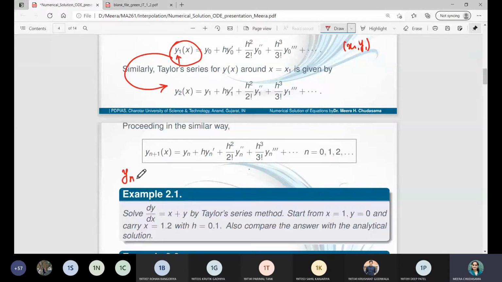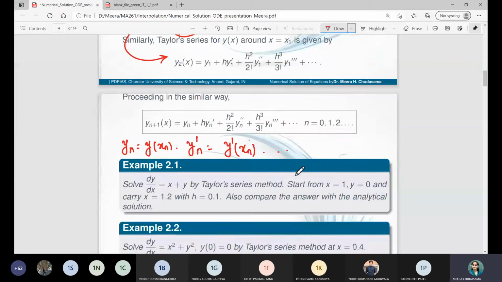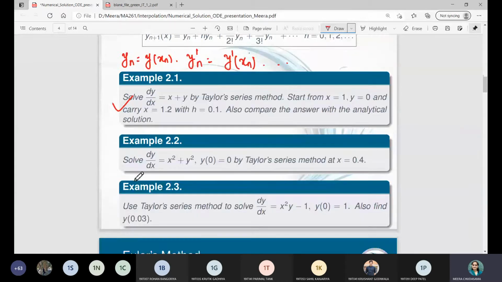When I say yn, it is nothing but y at xn. If I say yn dash, it is the derivative of y at x equal to xn, right? So all these notations have to be clear. Then we have seen the first example based on this method. So today let us discuss some more examples.